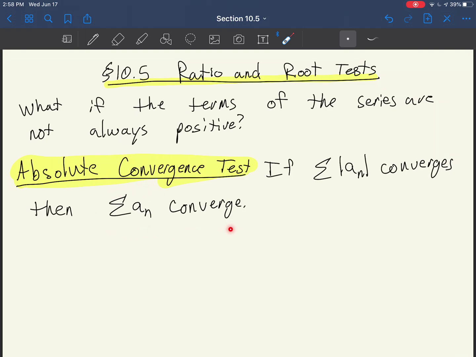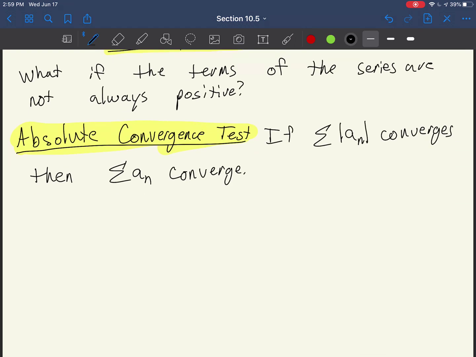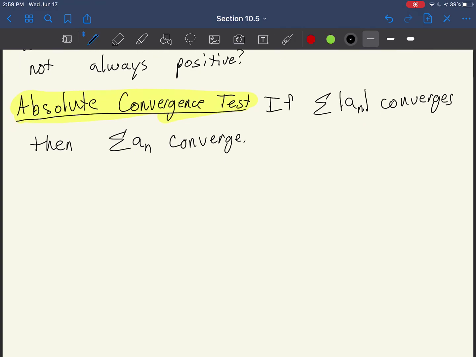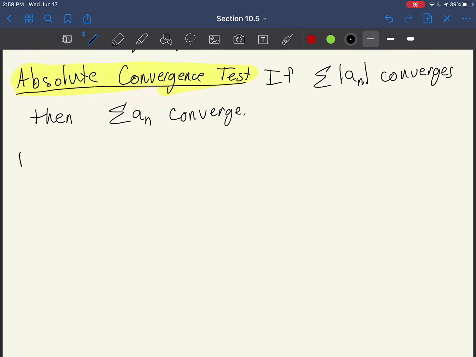And we'll see examples of when the converse isn't true. We can have a series that converges, the summation of an converges, but then the summation of the absolute value of an diverges. So it only goes in this direction. Absolute value implies normal convergence. So we get something stronger than convergence. We get that not only does an converge, but the summation of the absolute value of an does. Which leads us to a definition.